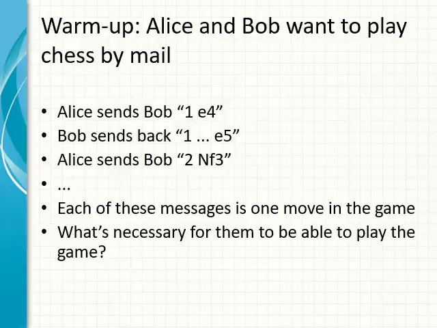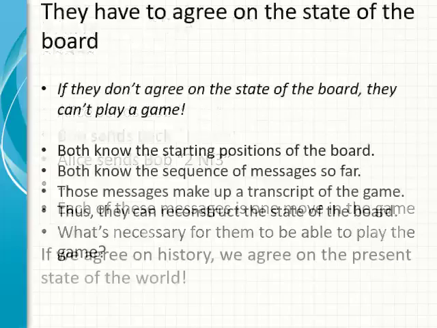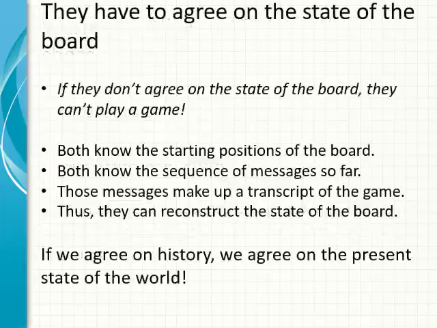So what is the necessary condition to play the game? To play the game, these players have to agree on the state of the board. If they don't agree on the state of the board, they cannot play a game.